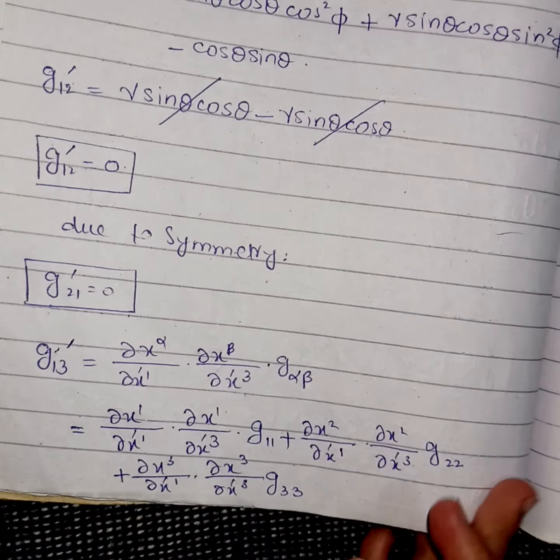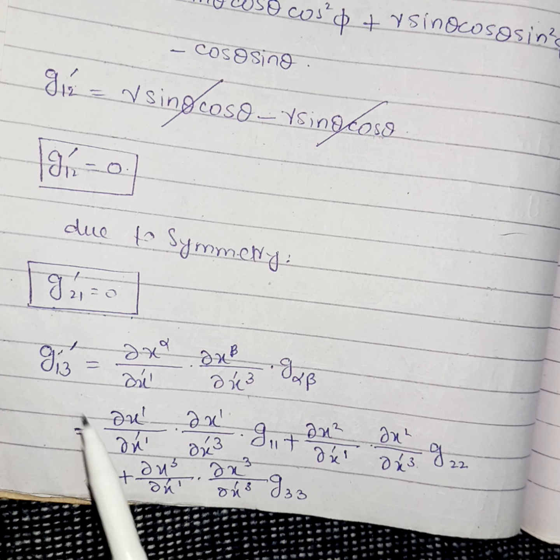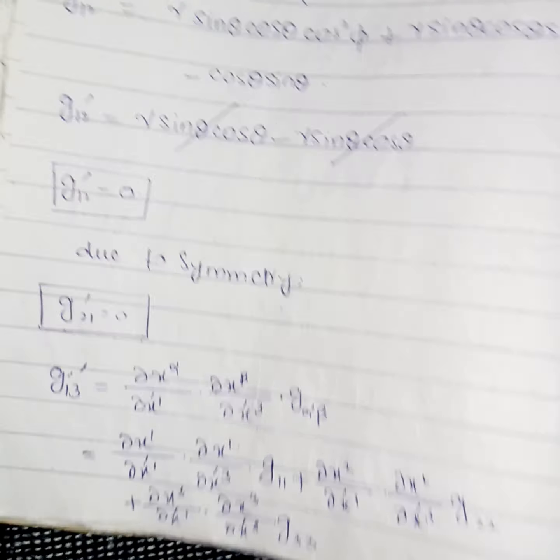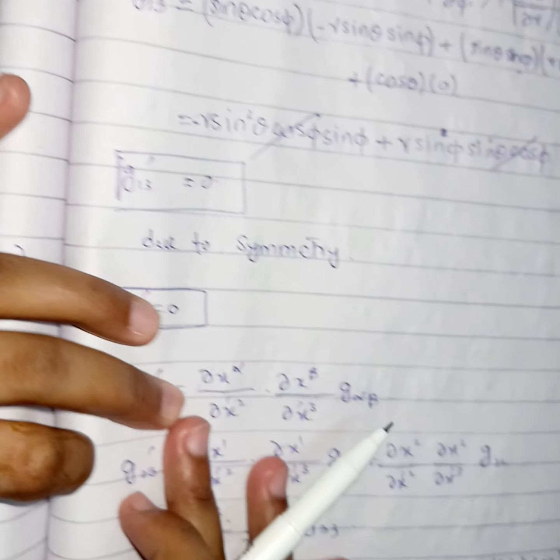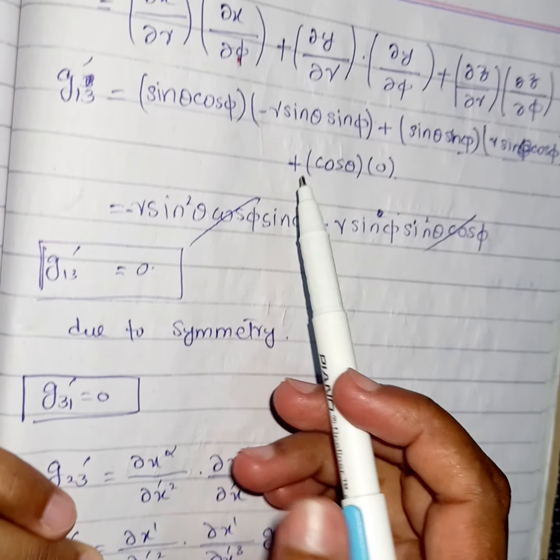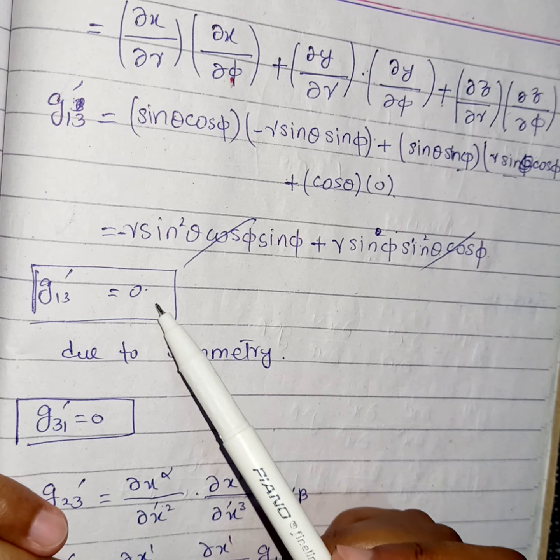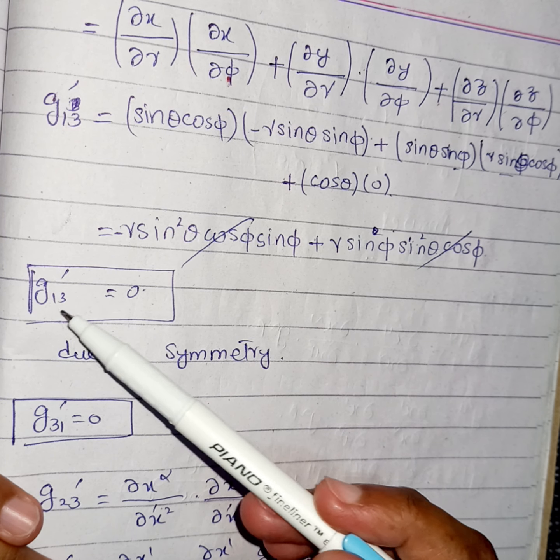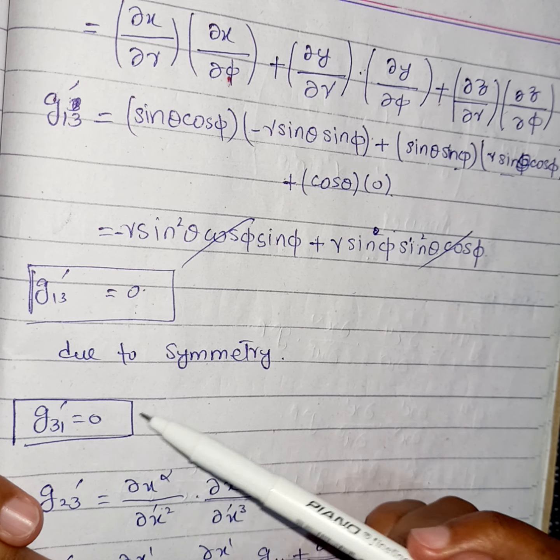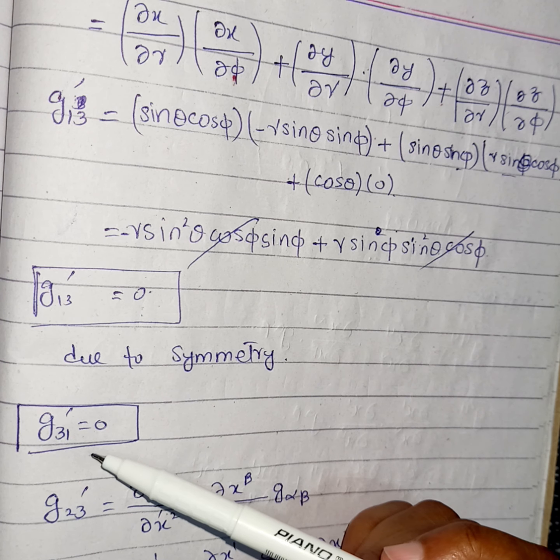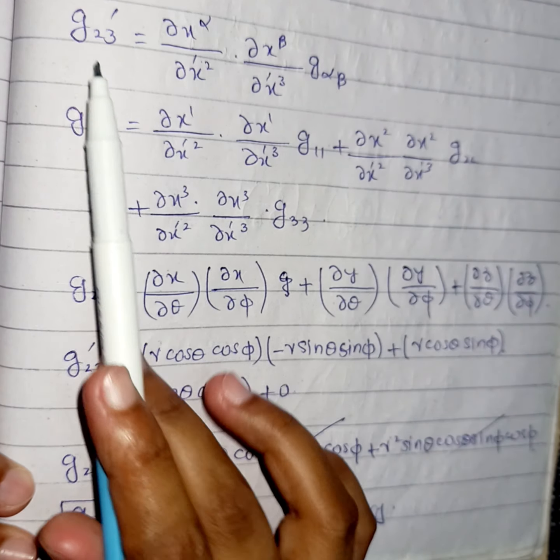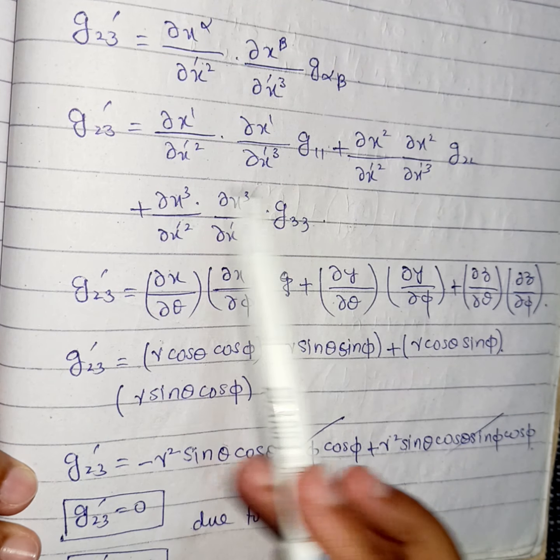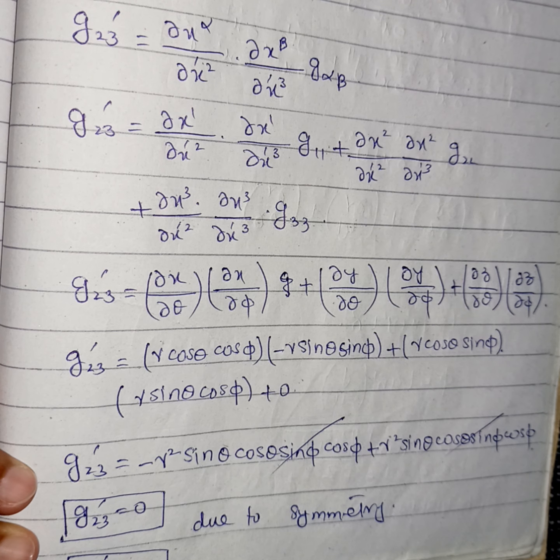In a similar way, we will get the value of g'13, and after further simplification you will see that this value is also equal to 0. So g'13 is equal to 0, and due to symmetry g'31 is equal to 0. In a similar way, g'23, after simplification, is equal to 0.